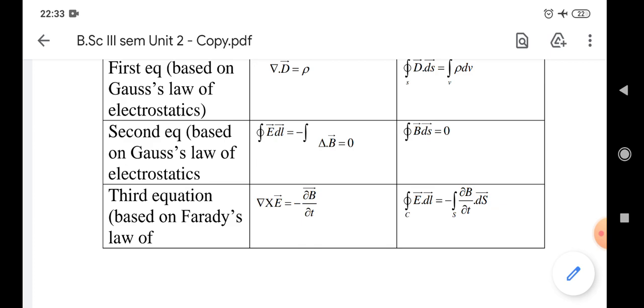The third equation depends on Faraday's law. In differential form, the curl of the electric field is equal to minus del B by del t, meaning the rate of change of magnetic field.